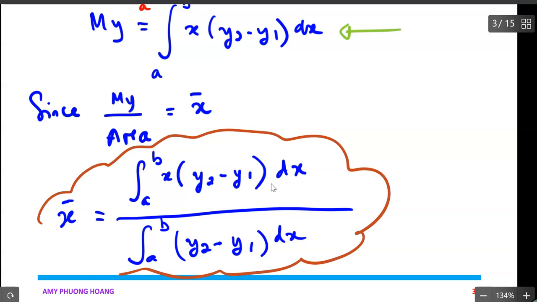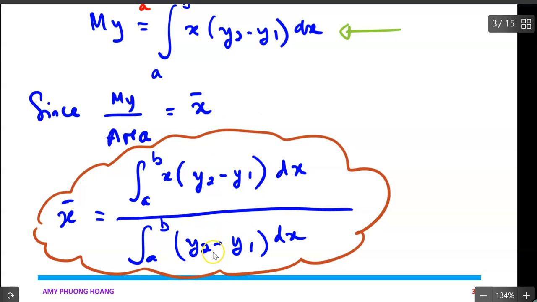So let's talk about these formulas for a moment. You are finding the integral of x multiplied by the upper function minus the lower function, and you divide it by the area. Practically, you need to perform this operation, then perform the other operation and divide one into the other. I don't want everyone to think that you can just take y2, subtract y1 and cancel this out.